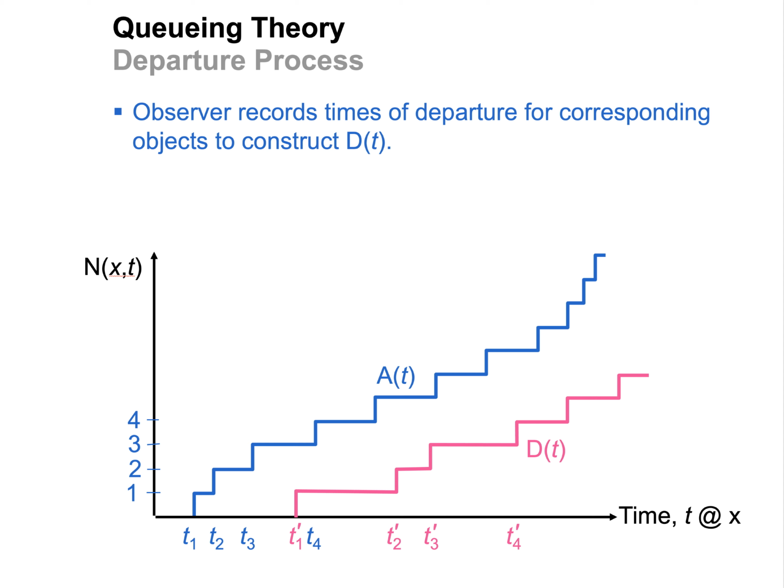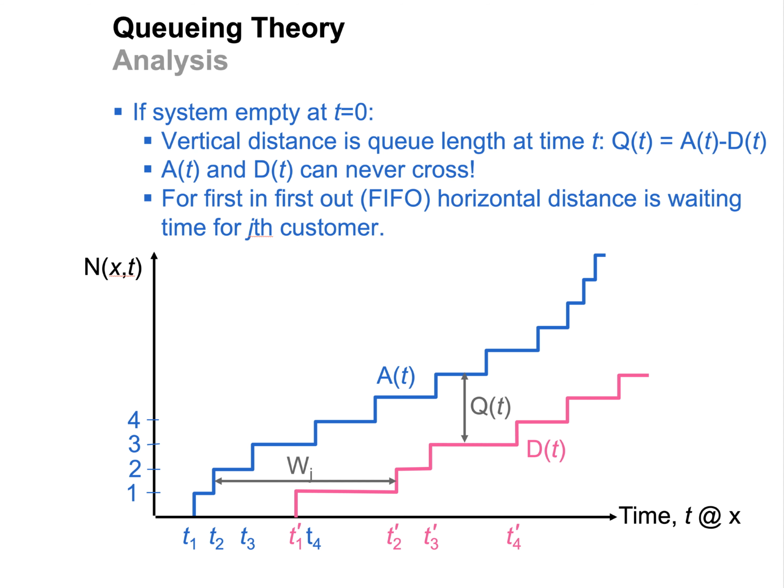Then you have the departure time of customer 2, t prime 2, and the departure times of customers 3 and 4, t prime 3 and t prime 4. So you might notice in this system that the customers are staying in order. Customer 1 arrives first, also departs first. So you can construct the departure curve by recording simply the departure times.